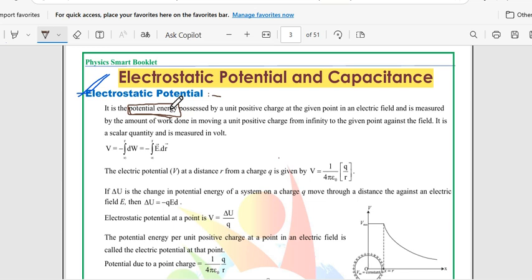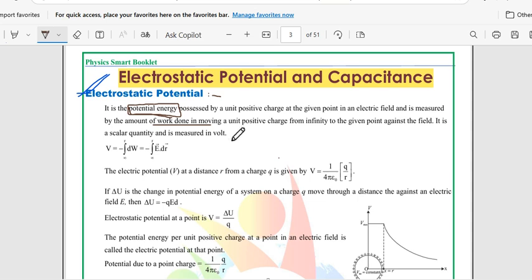It is a potential energy possessed by a unit positive charge at a given point in an electric field and is measured by the amount of work done in moving a unit positive charge from infinity to that given point against the field. It is a scalar quantity and it is measured in volt.